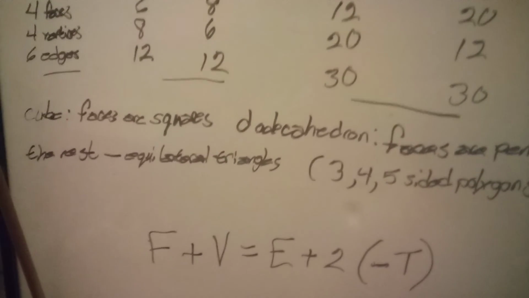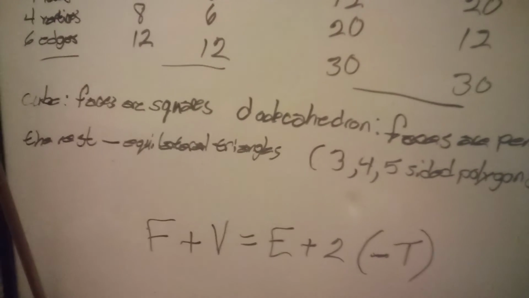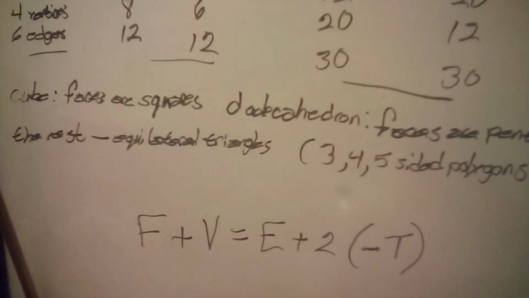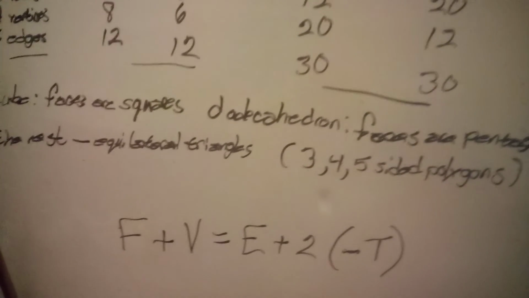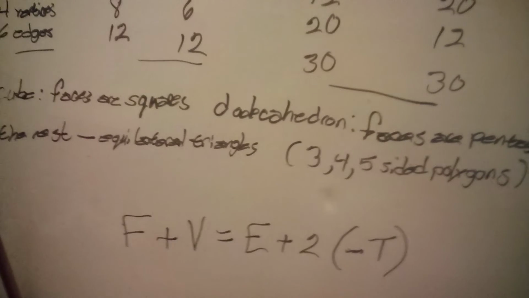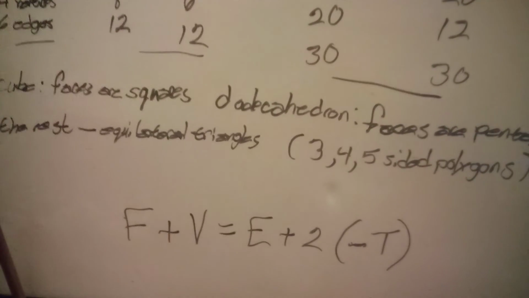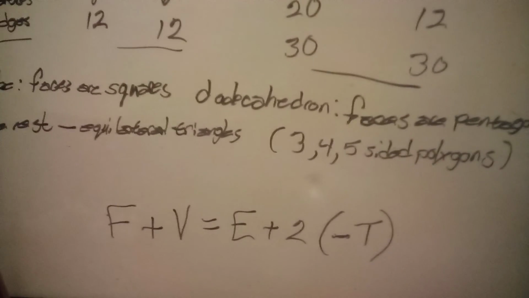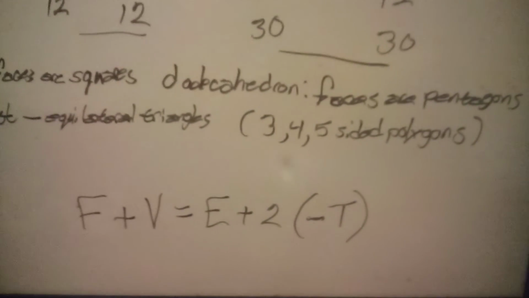Okay, so I've also noticed that the regular polygons that form the faces, it's the same regular polygon that forms all the faces for each of these polyhedra. The cube, all its faces are squares. The dodecahedron, all its faces are regular pentagons.